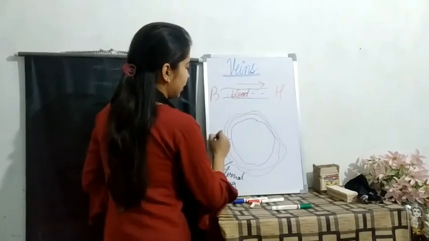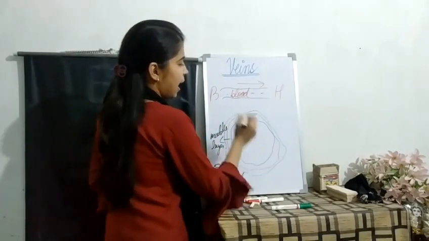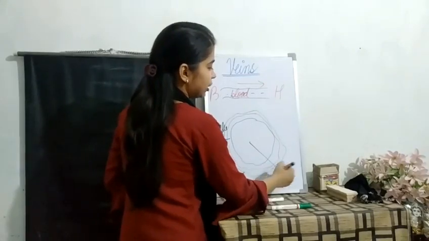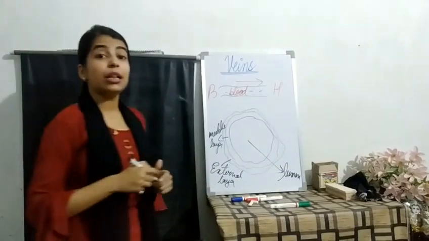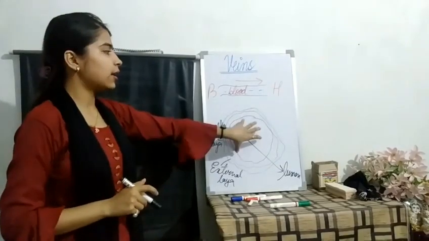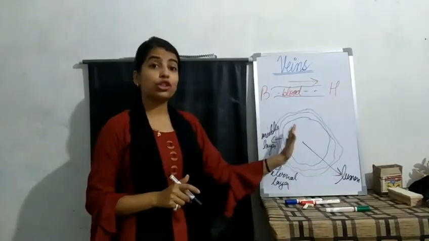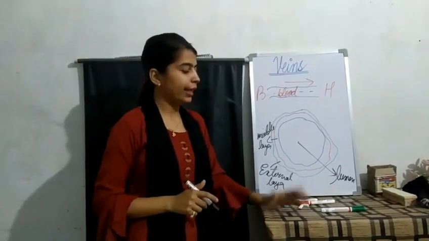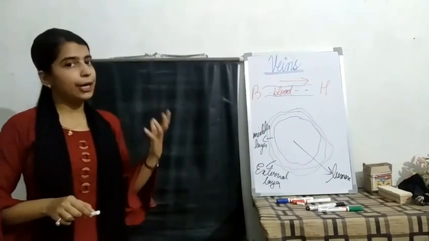This one is your middle layer. And this is your cavity, or what you call the lumen, through which the blood will flow. So this is the structure of a vein. Now I'll explain the features of the vein.